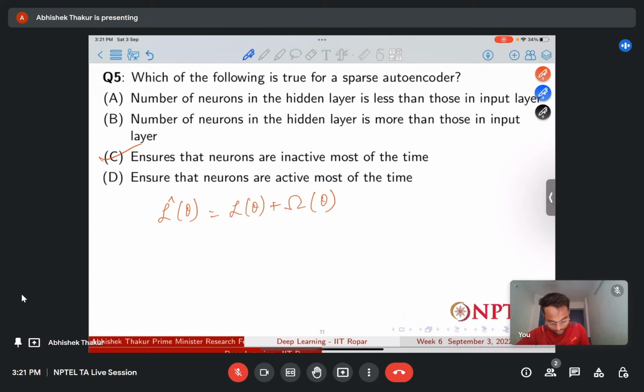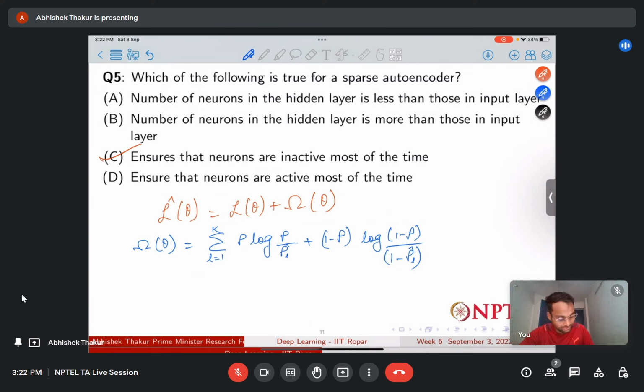Here omega theta is equal to the summation of l equal to 1 to K of rho log rho by rho l hat plus 1 minus rho log of 1 minus rho by 1 minus rho l hat.